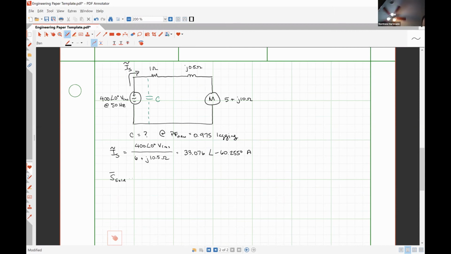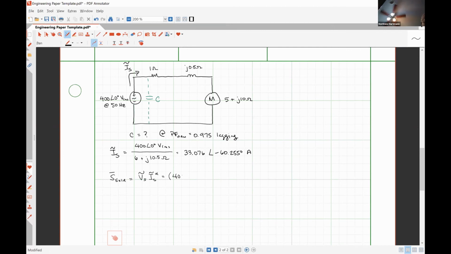So the complex power supplied by our source prior to power factor correction is simply the RMS voltage times the complex conjugate of the RMS current.